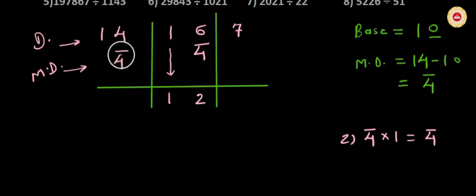Now multiply modified divisor minus 4 by second quotient digit. See, we always multiply modified divisor or digits in modified divisor by recent quotient digit. What is recent quotient digit? 2.